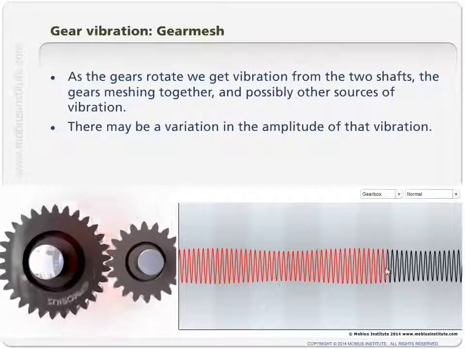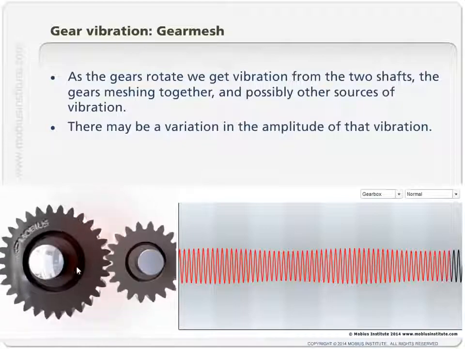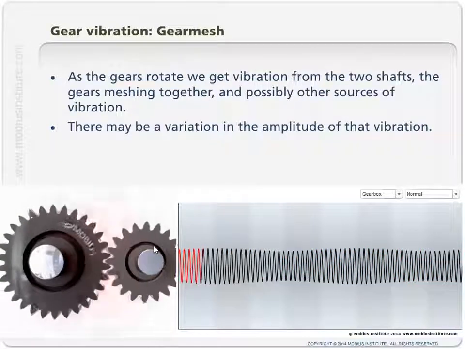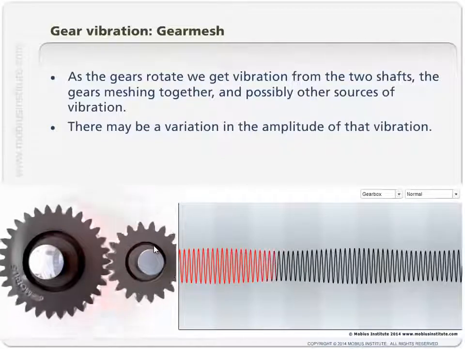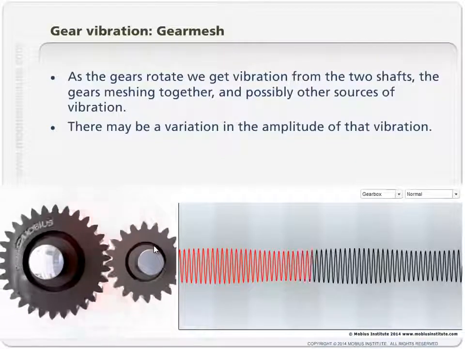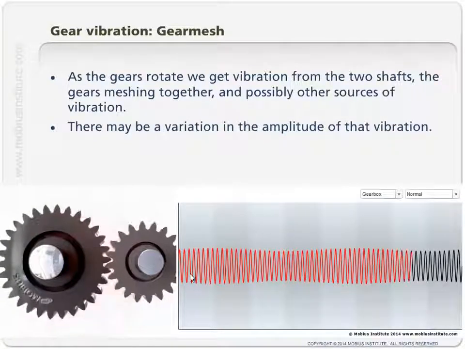I'm not representing here the vibration related to the turning speed of this shaft and the turning speed of that shaft. The vibration you measure will be a combination of all these sources of vibration. What I'm focusing on here is the tooth mesh forces themselves. So that's this cycle.